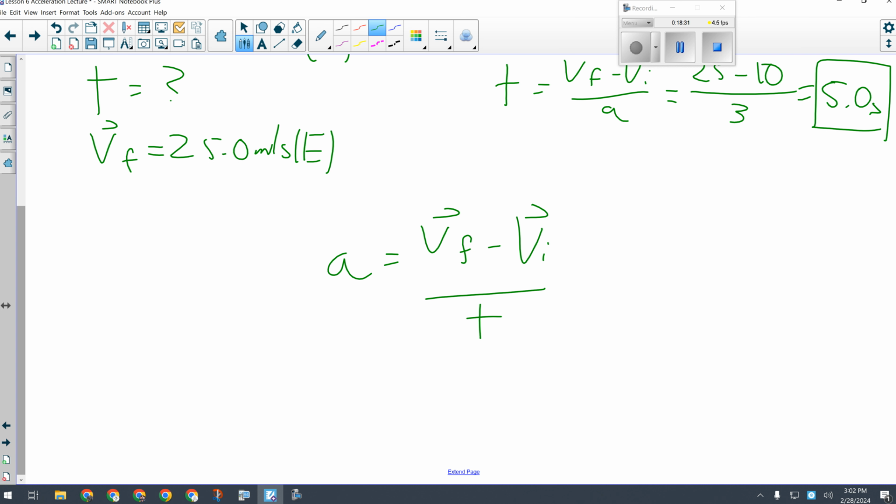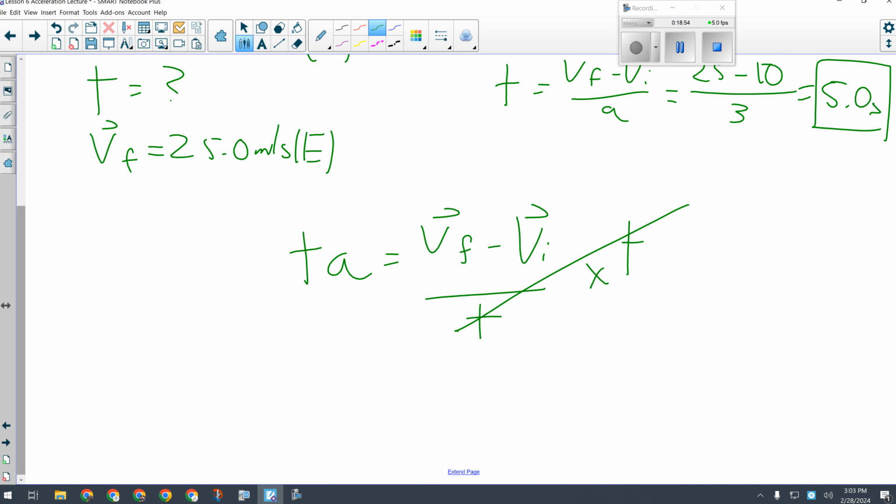How would I manipulate it if I wanted to solve for VF? First you have to bring T to the top. First I've got to multiply both sides by time. Time's not attached. Remove what's not attached first. So I've multiplied both sides by T. T's now over here. Now what? You add VI to both sides. I do the opposite.